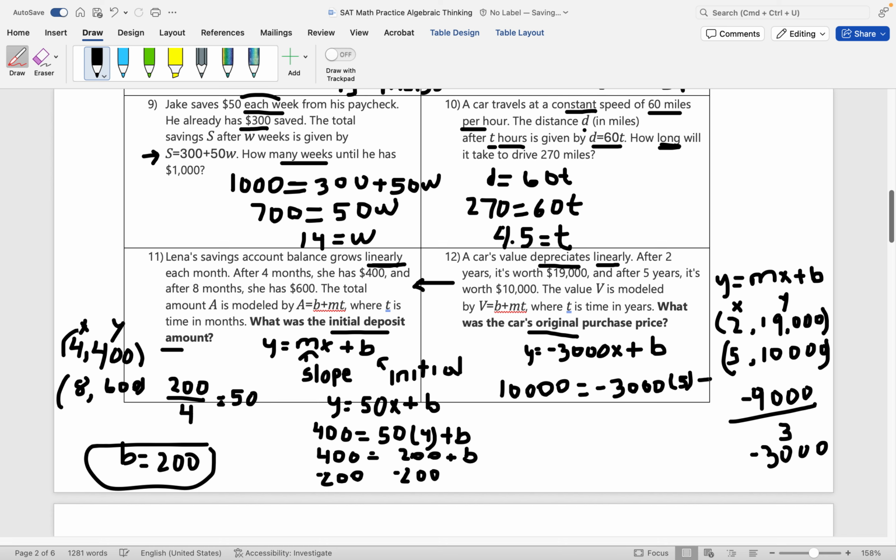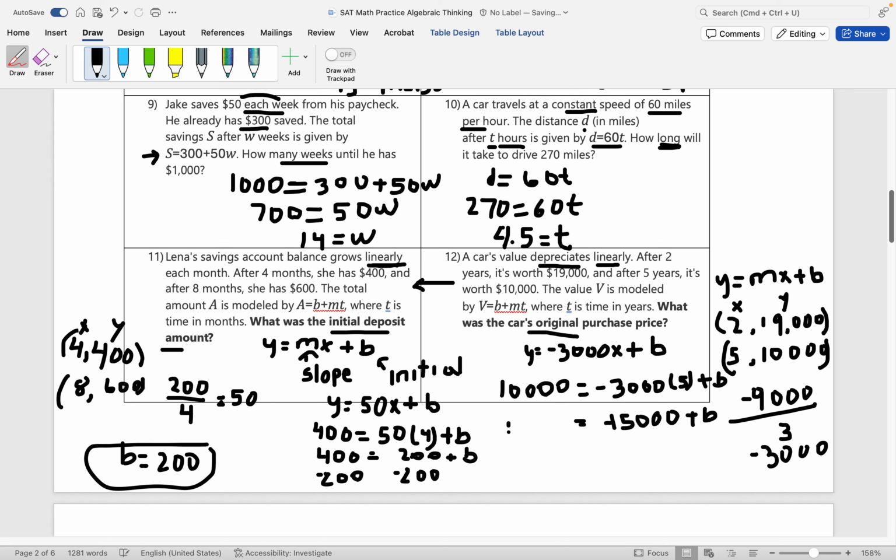First I am going to multiply: negative 3,000 times 5 gives me negative 15,000. So I have negative 15,000 plus b equals 10,000.